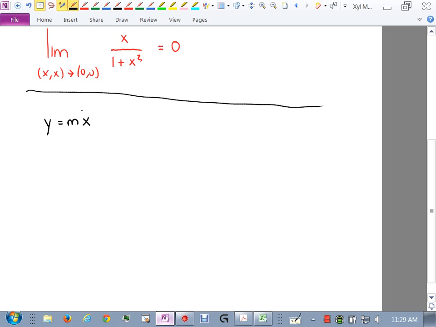Let's talk a little bit about what that would be. Y equals x was coming in through the identity, wasn't it? But if I say y equals mx, and I tell you that m can be any number, right? Then that covers all lines, all straight lines that pass through the origin, right? All straight lines going through the origin, with the exception of which one? The vertical line, which was the y-axis, wasn't it?